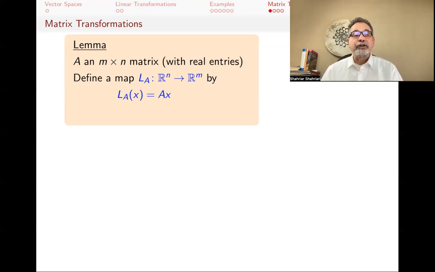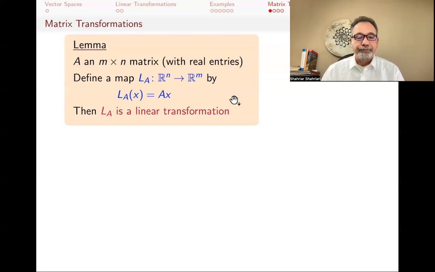If you take any vector in R^n, you multiply it by A. So L_A of x is A times x. A was m by n, x is n by 1, and so when you multiply them, you get m by 1. So you're feeding it something in R^n, and you're getting something in R^m.